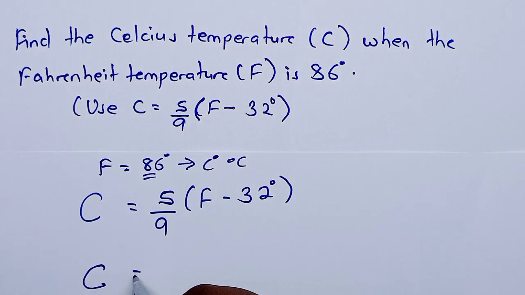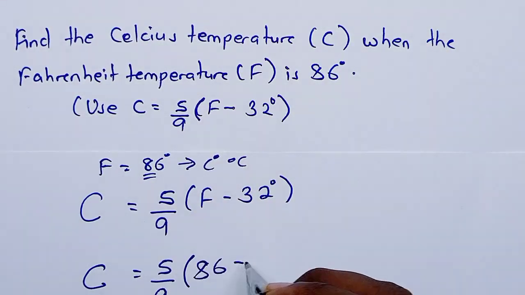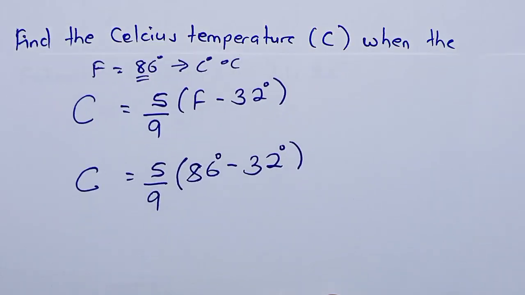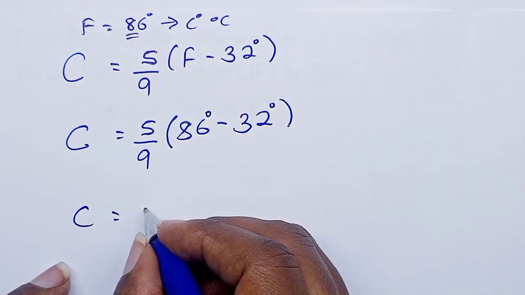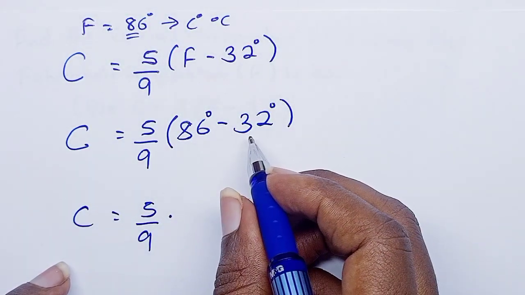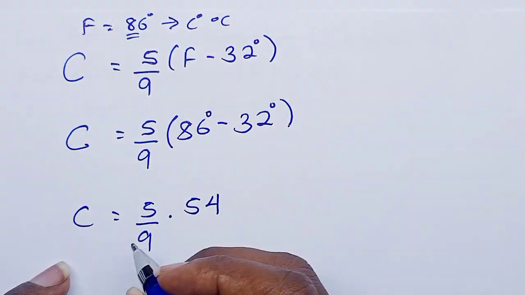So C will be equal to 5/9 times (F minus 32), where F is 86, so 86 degrees minus 32 degrees. So C will be equal to 5/9 times 54, since 86 minus 32 is 54.